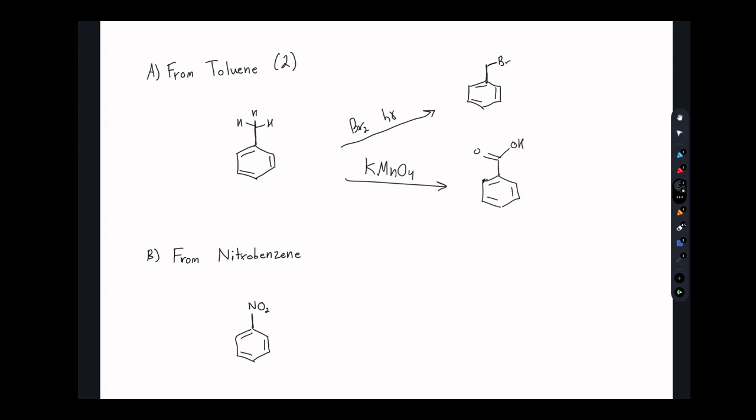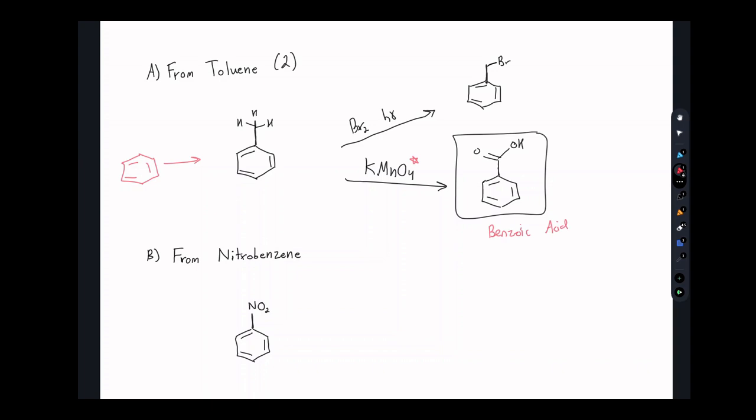Now, a carboxylic acid is not an acyl group. We cannot use the Friedel-Crafts acylation to make a carboxylic acid on the molecule, which means that we can't do this directly from benzene. However, by knowing about potassium permanganate, we now have a two-step way to make that carboxylic acid. The name of this, by the way, is benzoic acid.